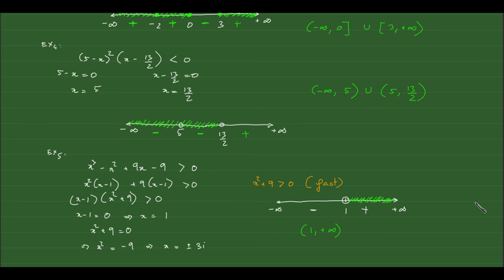So depending on whether the inequality is greater than or less than: if it is greater than, you're gonna find the interval notation in which the graph is above the x-axis. And if it's less than, you're gonna find the interval notation for which the graph is below the x-axis.